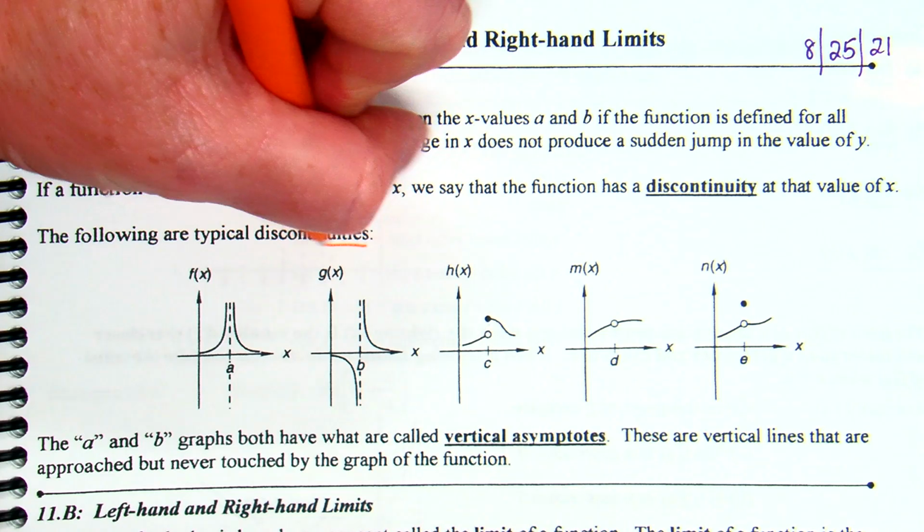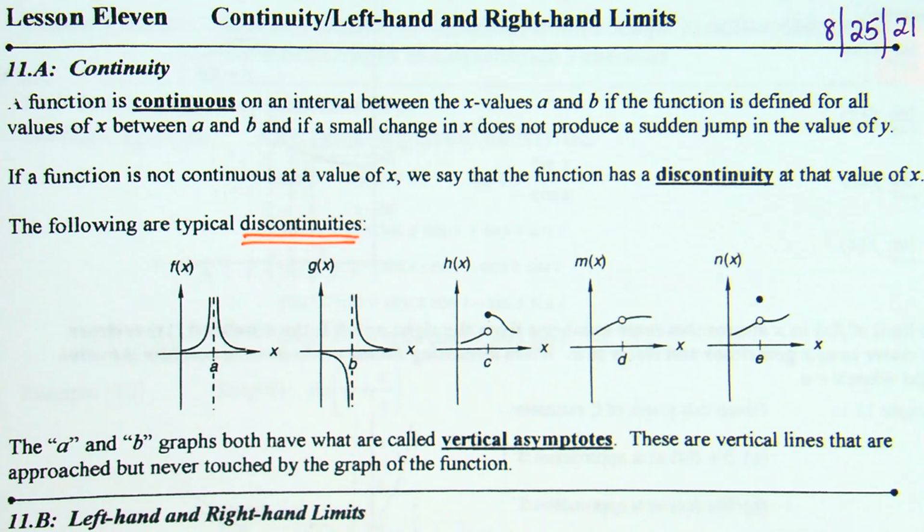If you look at the first one, there's a vertical asymptote at A, yes? Even though both sides are going up to positive infinity, there's still that asymptote. Example B is another asymptote. This time, definitely not continuous, because they go opposite directions, right?